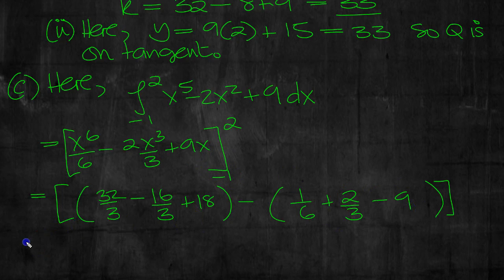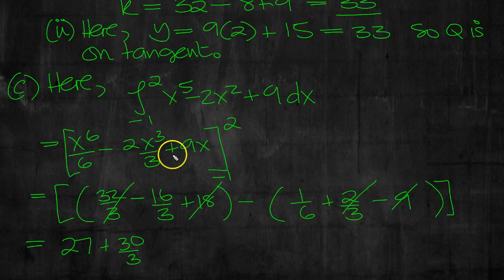So what have we got then? Well, we've got 18 minus 9 is plus 9, which is 27. Thirds, we've got 32 thirds minus 2 thirds, which is 30 thirds, and then we've got minus 16 thirds. So that's 30 minus 16 is 14 thirds. Let's put that in. 14 thirds then. That's that one gone. And then we've got, what else?